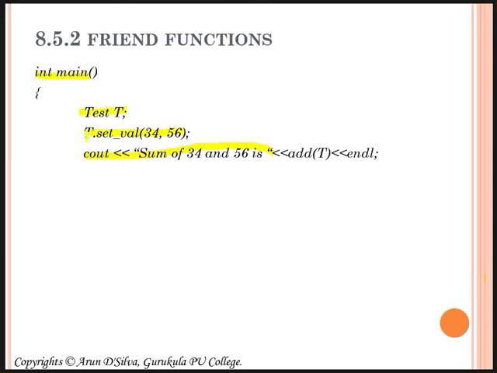Now t is an object having a value 34 and b value 56. So here it directly calls the normal function as a normal one. Here t.add is not there because we are not identifying through the objects. Return 0, and we are closing the function. This is the way we are using it.